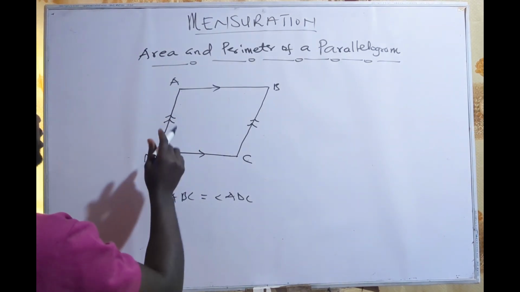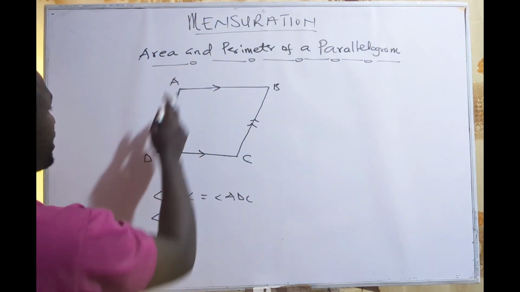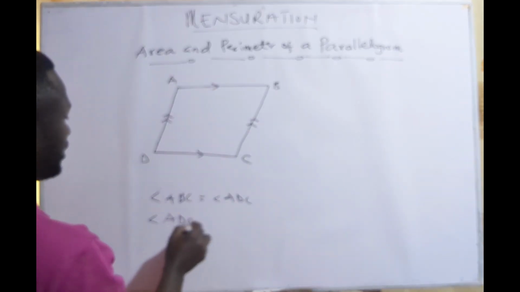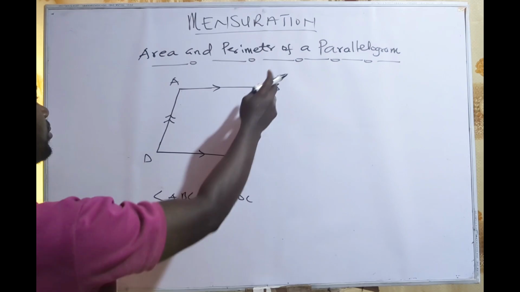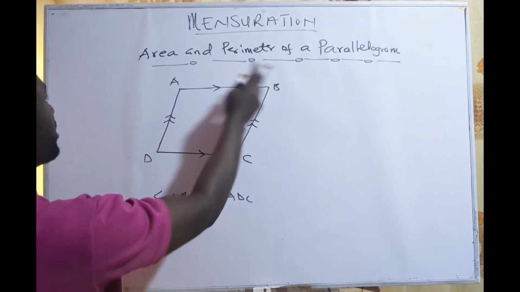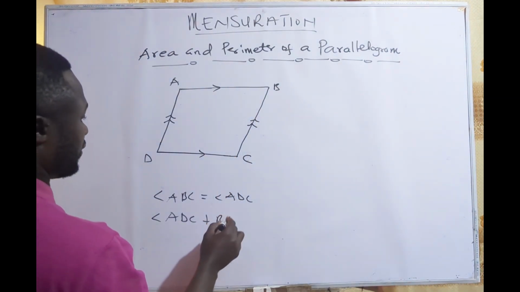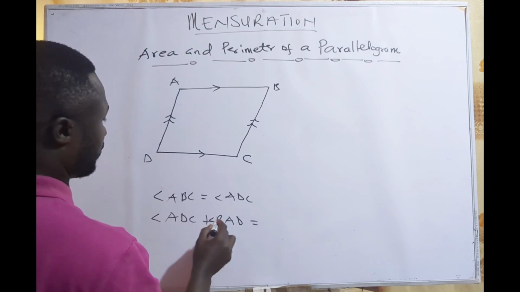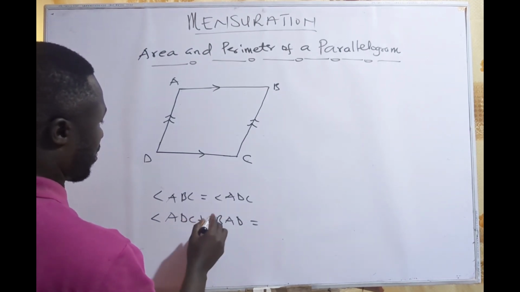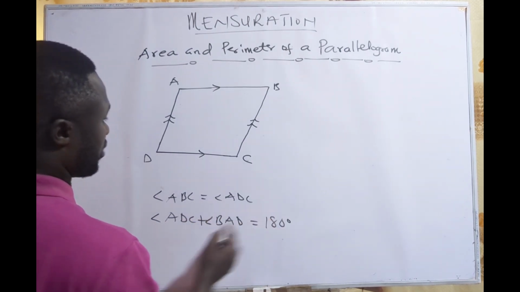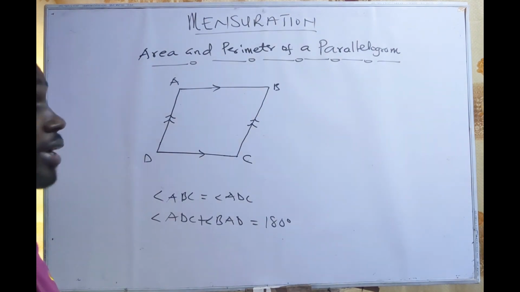So angle ADC plus angle BAD is equal to 180 degrees.